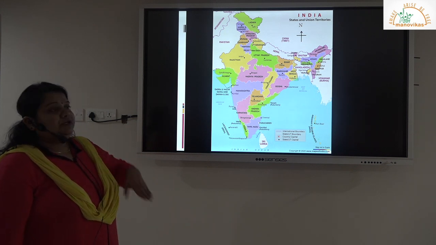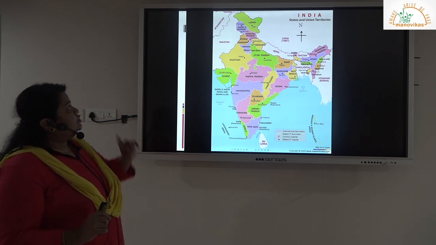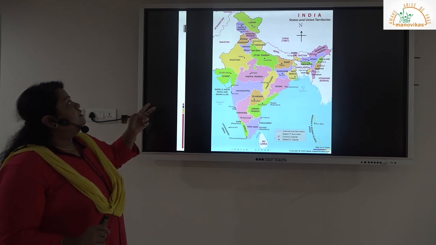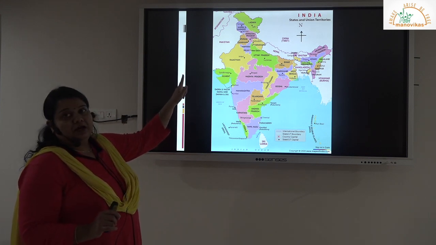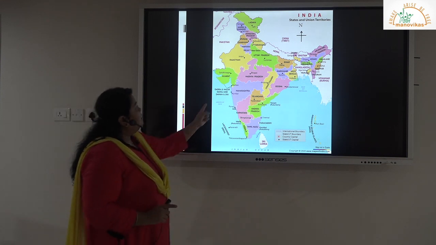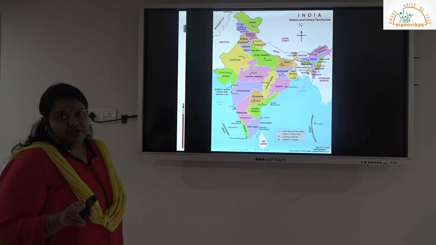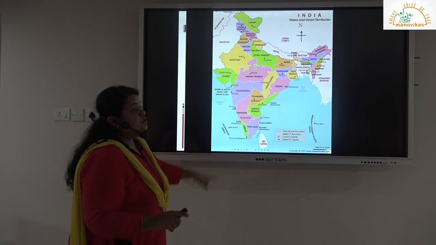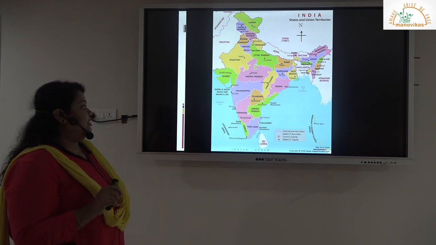On 30th October 2019, Jammu and Kashmir, which was a state, was converted into 2 union territories, Jammu and Kashmir and Ladakh. Then on 26 January 2020, Dadra and Nagar Haveli and Daman and Diu were clubbed into 1 union territory whose capital is Daman. So with that latest knowledge, we have 28 states and 8 union territories.